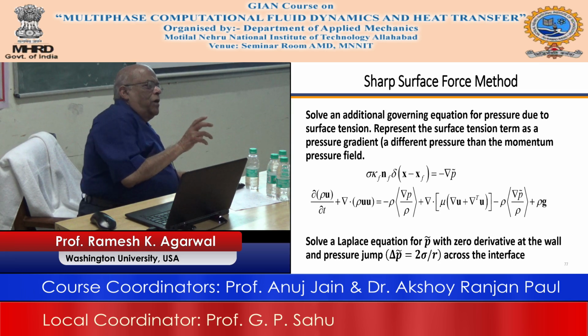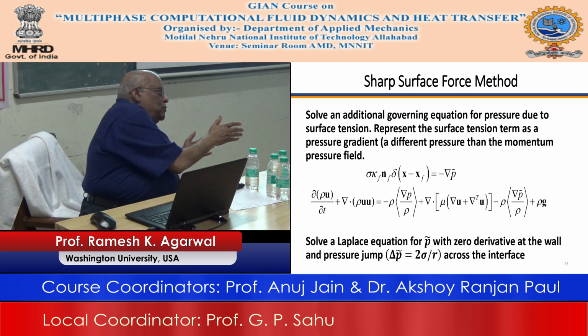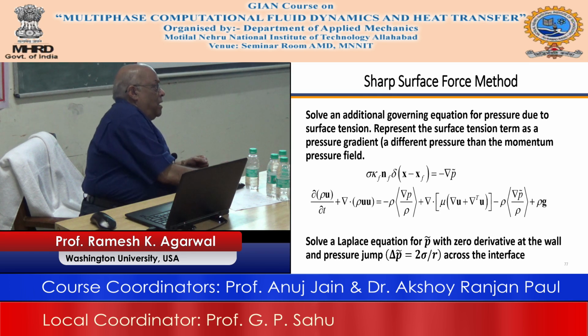We have two methods, we said: one is a sharp interface method, one is a CSF method. Let us say, just to focus our attention, that we are going to use the second one, the sharp interface method. Still you have this term. How are you going to calculate it numerically?